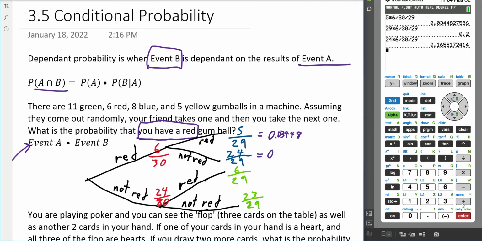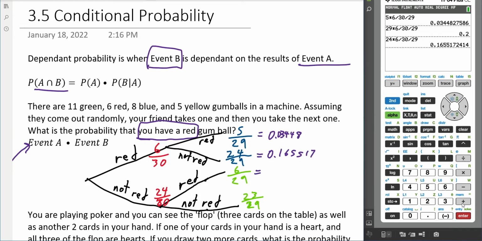So that's 0.1655172. So basically, the probability of your friend getting a red and you not getting a red is like 16%, 17%. The probability of your friend getting red and you getting red is like 3%, right? You can see how that would be.